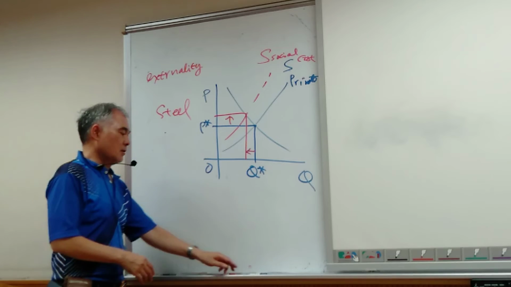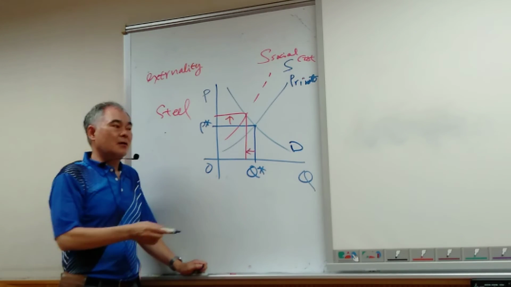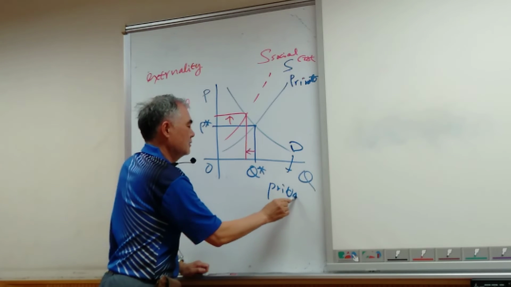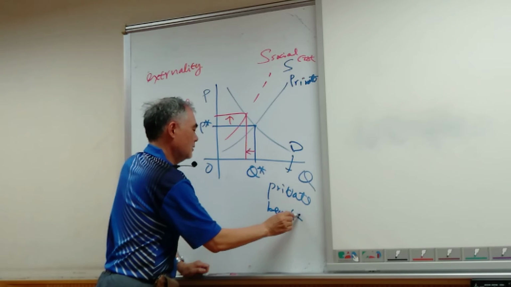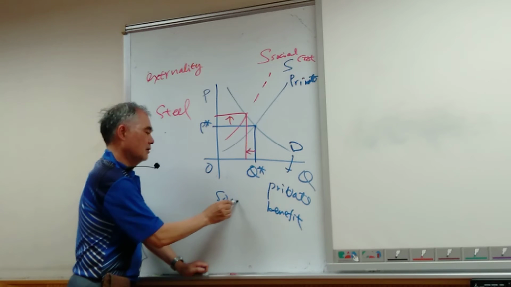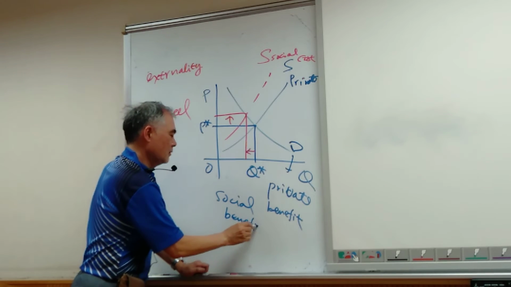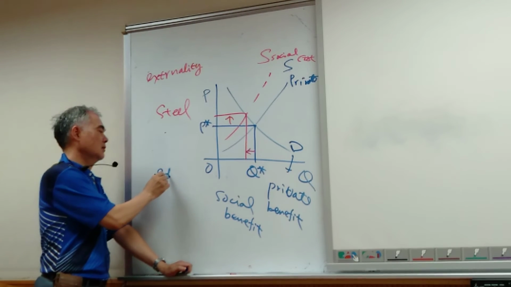And then we have just talked about it before, right? The demand may only consider private benefit. If you consider social benefit, that can be something different. For example, Taiwanese always emphasize education.